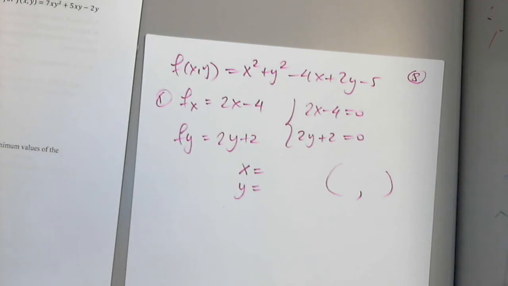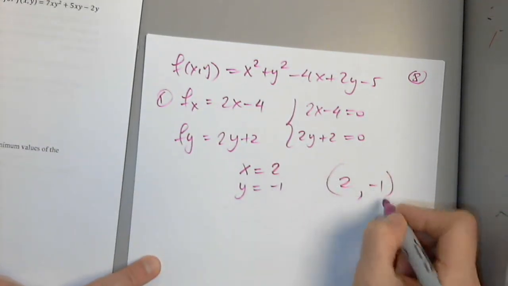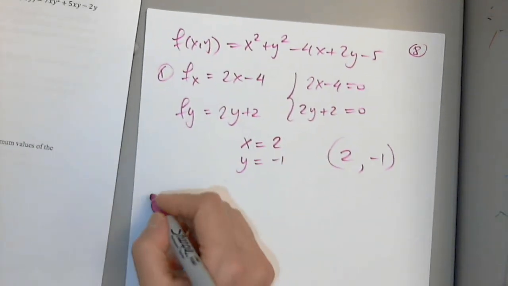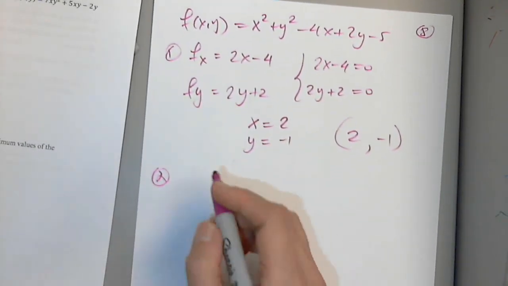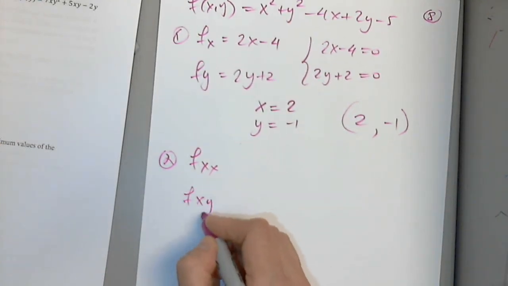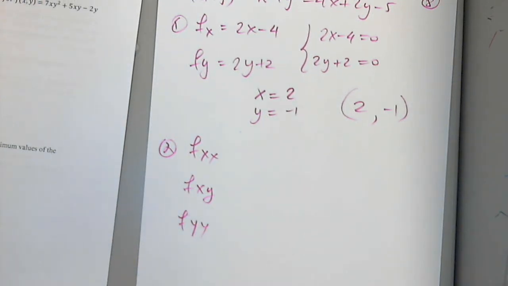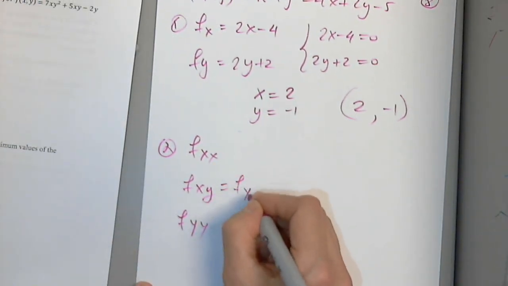Okay, so what is the point? 2, -1. Good. In step 2, we have to find fxx, fxy, and fyy. And we know that fxy is the same as fyx.